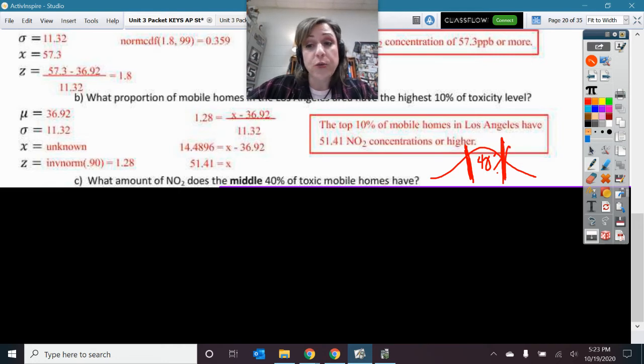Then you know the z-score on the right is symmetrically positive. And so then you're going to have to do two equations. Once you get a z on the left and a z on the right, solve for an x on the left and an x on the right. Okay, pause and do that.